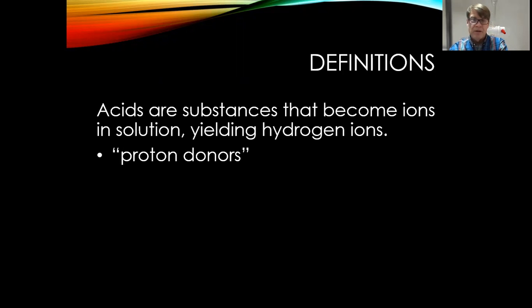It gives a proton, which is the same as a hydrogen ion. You might think of sulfuric acid, which has hydrogen that it donates. You might think of hydrochloric acid, which we have some of in our stomachs, which donates a hydrogen. So that's the chemistry behind an acid. It's a hydrogen giver.